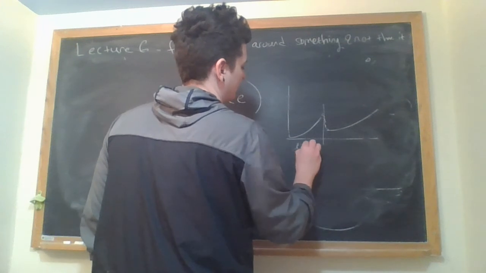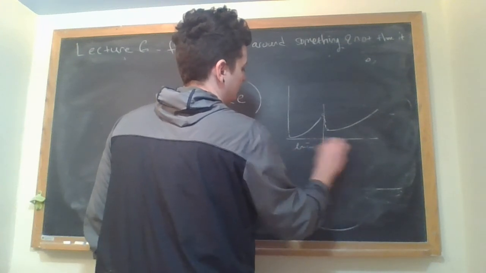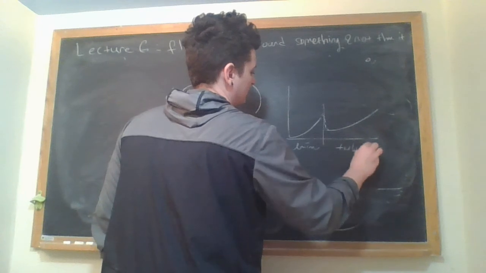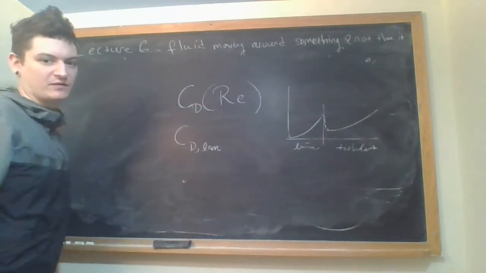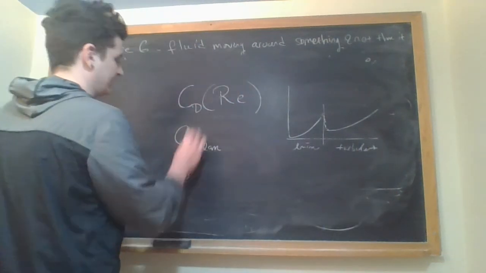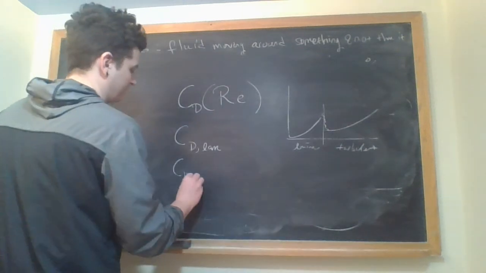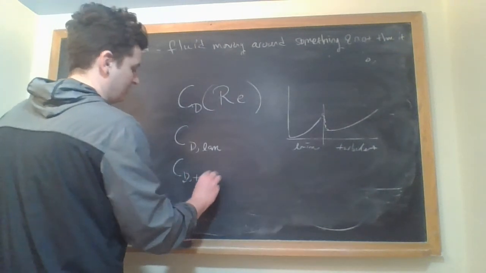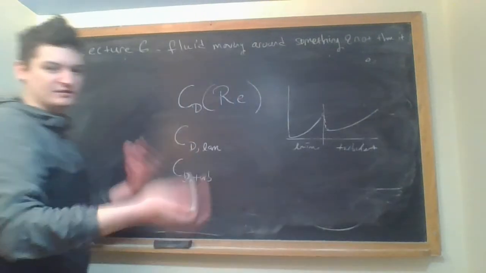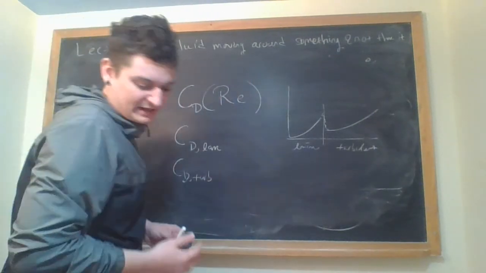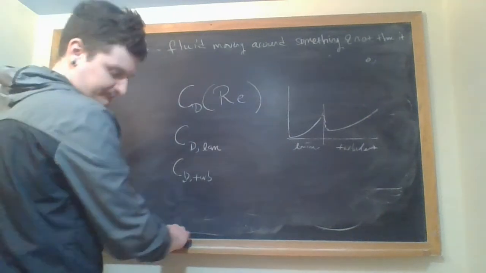Let's say this is laminar. This is the turbulent part, right? So we're going to get a coefficient of drag in the laminar regime, which is this part, and then a coefficient of drag in the turbulent regime, which describes this part. So that little drop in transition is starting to make sense based on experiments.